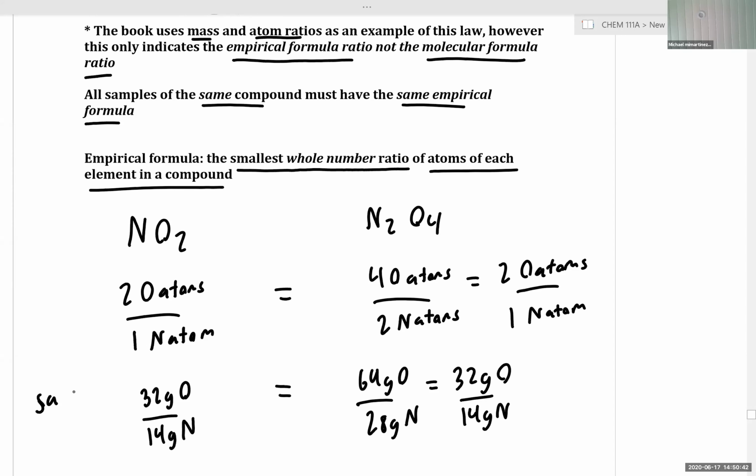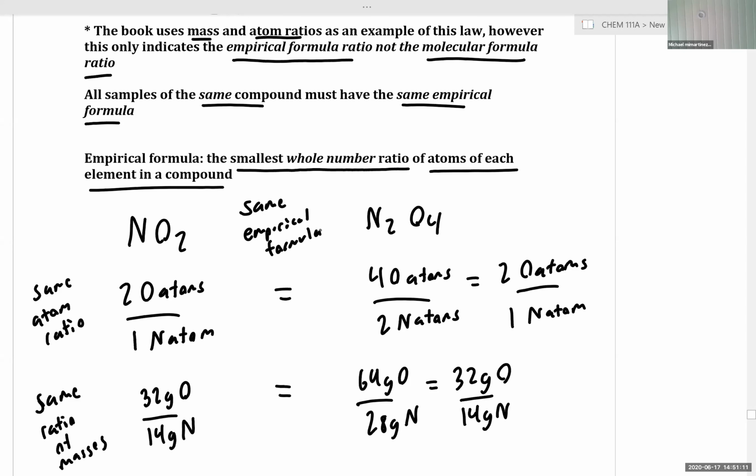So these two compounds have the same ratio of masses, and they also have the same atom ratio. Whenever you deal with ratios of masses and ratios of atoms, we are talking about the empirical formula. These two compounds have the same empirical formula.